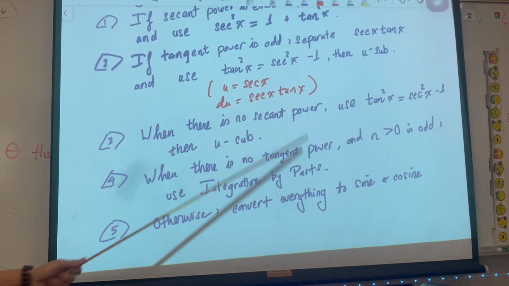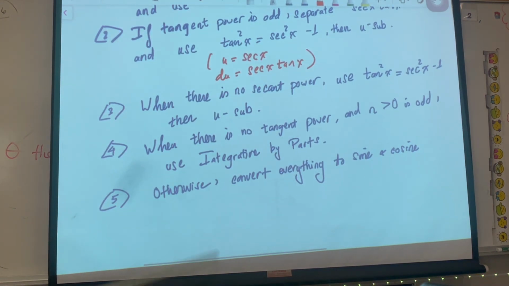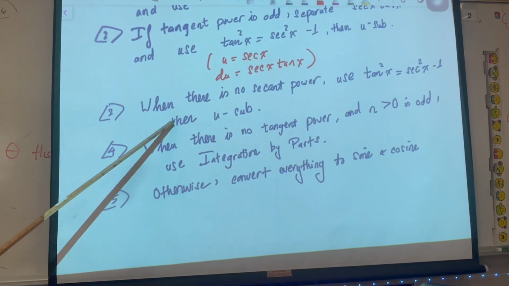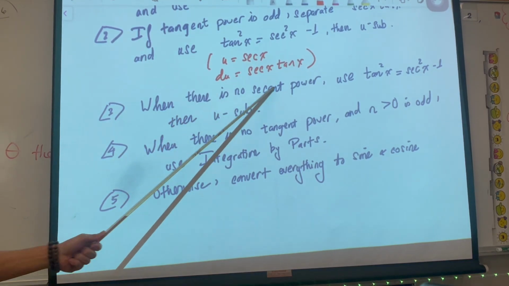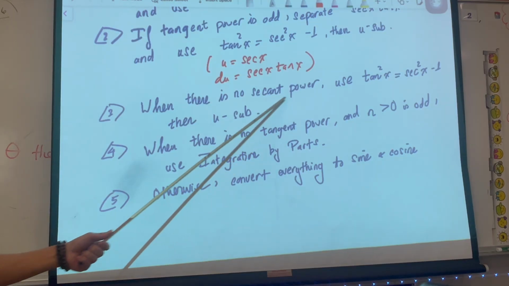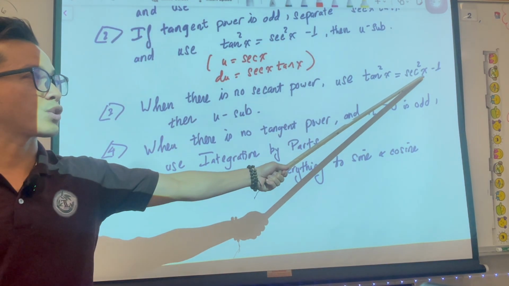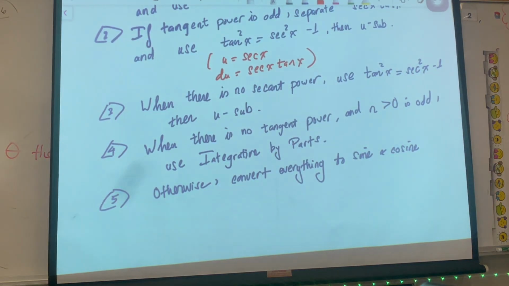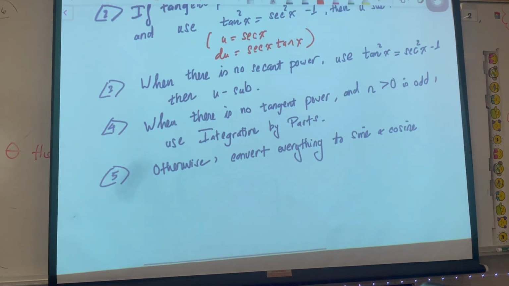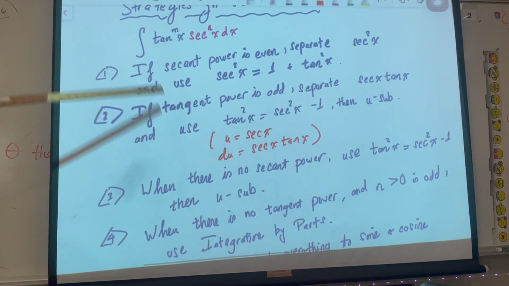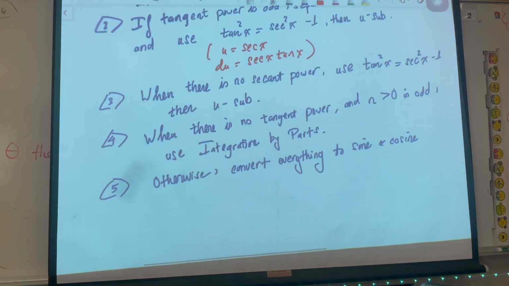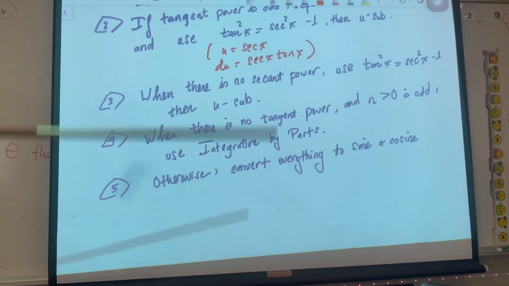Now next case. I will give you each example. Next case is when there is no secant power, you don't have any secant, you only have tangent. Then you want to use tangent square equal to secant square minus 1. You convert tangent to secant square minus 1, then you use u sub.